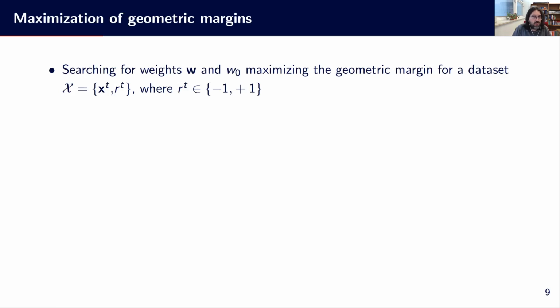So going back to our SVM model, we are looking to maximize the geometric margins. So we are looking to find the weights W and W0 that maximize the geometric margin for our data set, big X here, with labels given as either -1 or +1.